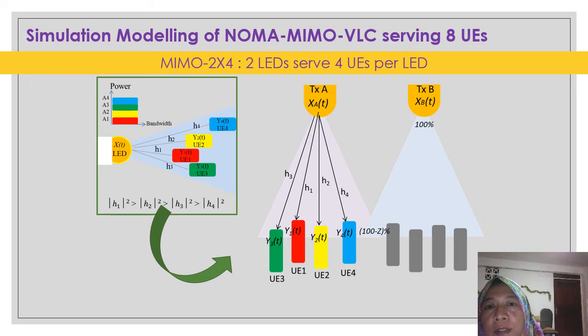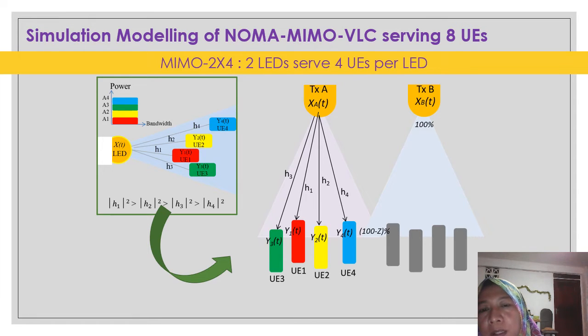If we consider the transmitted signal from TXB as 100% level, at some point the user equipment of the neighbor TXA can receive the interference signal, and the percentage will decrease to some level.